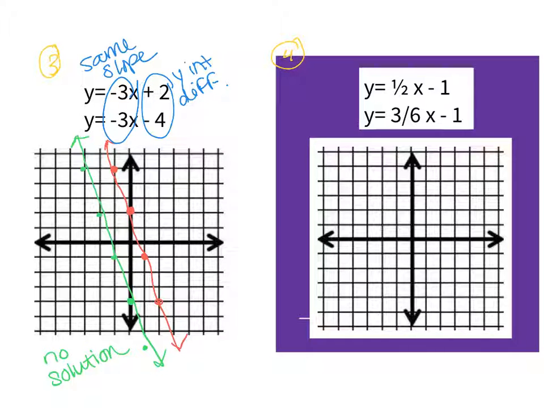Looking at example number 4, I've got negative 1 as my y-intercept and positive 1/2, or up 1 to the right 2, as my slope. On the opposite side, I'm going to do the opposite, so down 1, left 2.